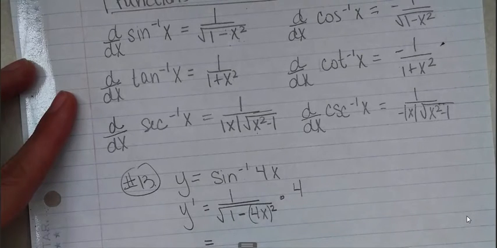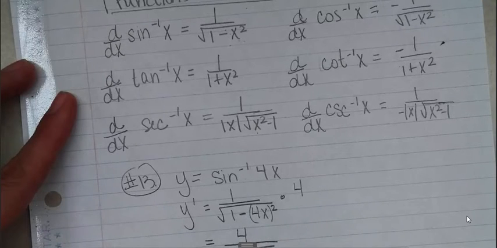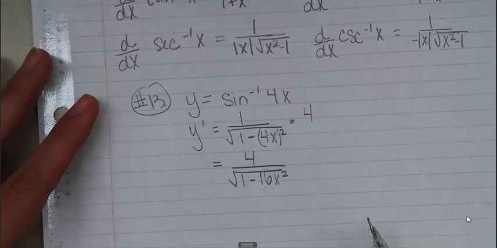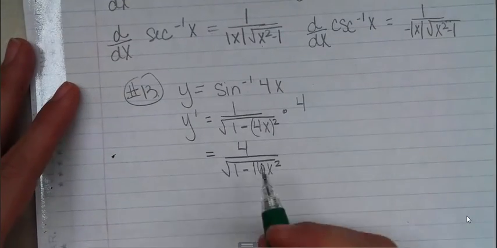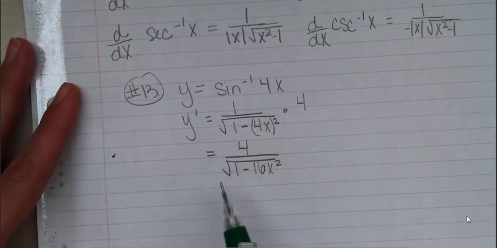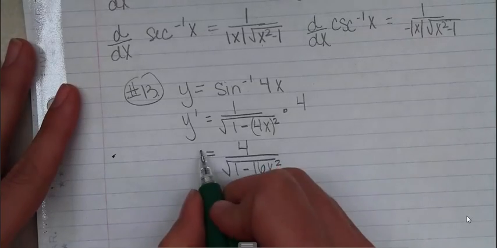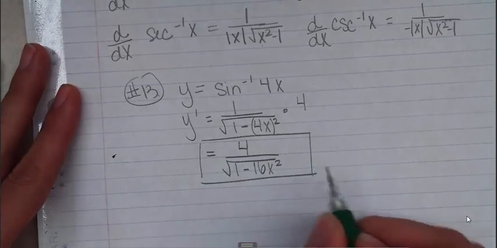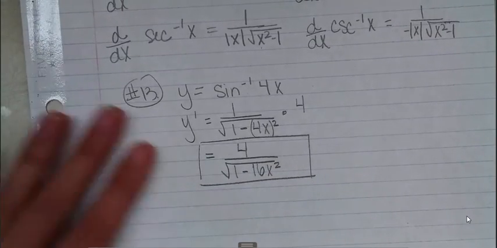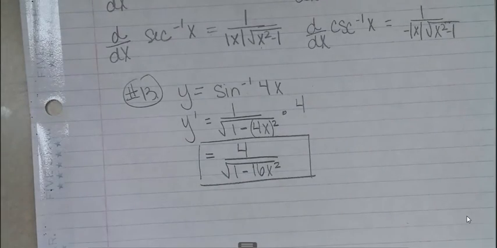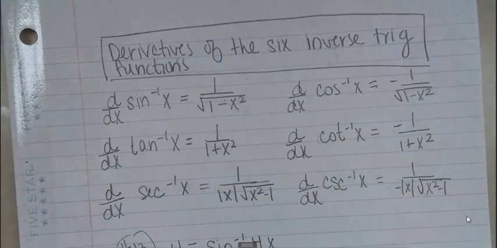So I basically get 4 over the square root of 1 minus 16x squared. So it's a lot easier than actually deriving these derivatives, right? But there will be times for deriving them, and there will be times where you can just use the formula that you're given here.